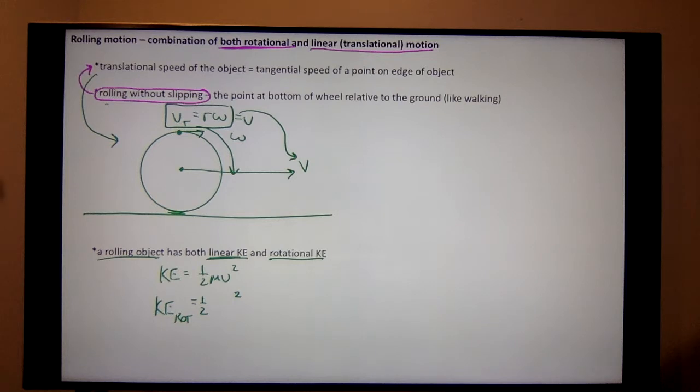So remember, we now know that mass in angular terminology is moment of inertia, and velocity is angular velocity. So these are our corresponding angular expressions, which gives us a corresponding rotational version of kinetic energy. So the rolling object is going to have both of these types of kinetic energy. So we can do conservation of energy and include rolling motion.